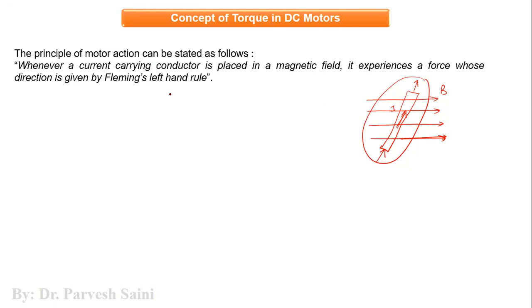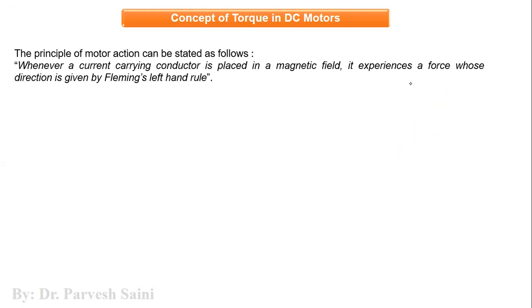And this becomes the base for the electric motor. Whether it is an AC motor or a DC motor, that particular principle remains the same in all motors. We get the motor action only when we have a current carrying conductor placed in a magnetic field. So now let us proceed further.